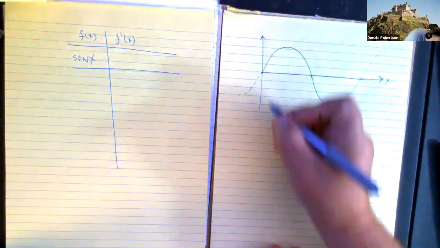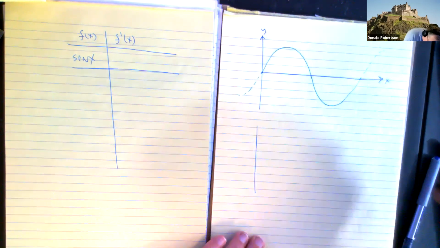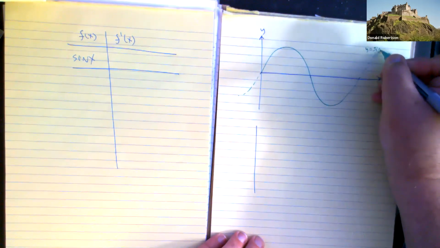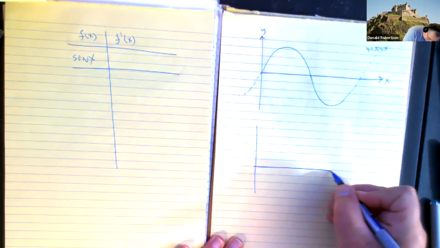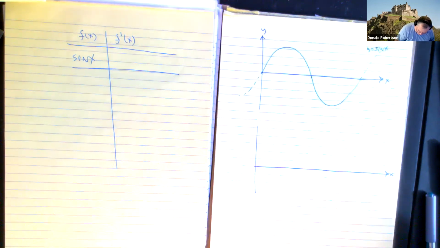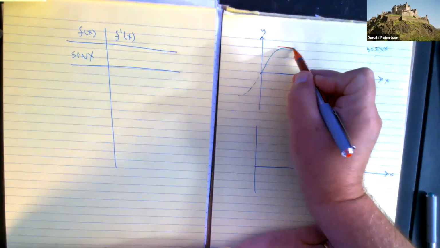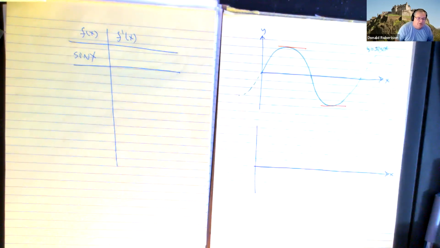And I am now going to do the sketch of what its derivative would look like. Now, where are we going? At this point here, and at this point here, don't we have horizontal tangent lines?